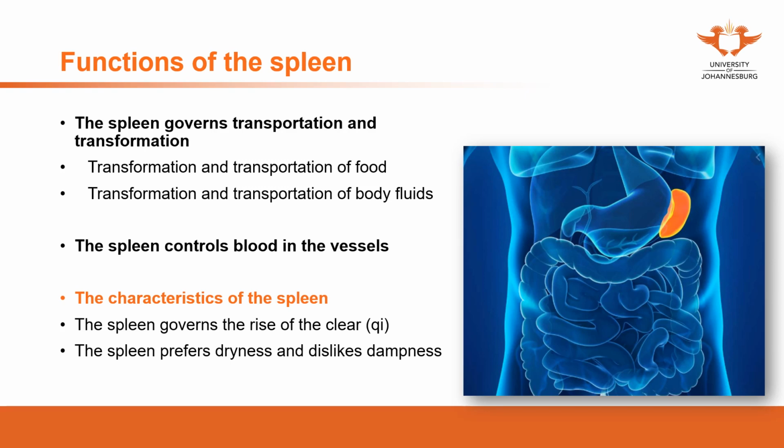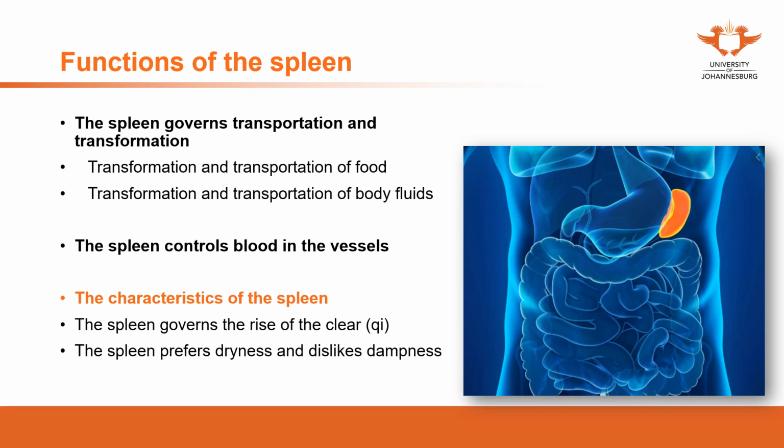The spleen controls blood in the vessels. If this function has a problem, it will result in problems with the circulation of the blood. So the patient may present with bleeding, especially at the lower parts of the body, such as from the stool or urine, or bleeding under the skin in the legs.